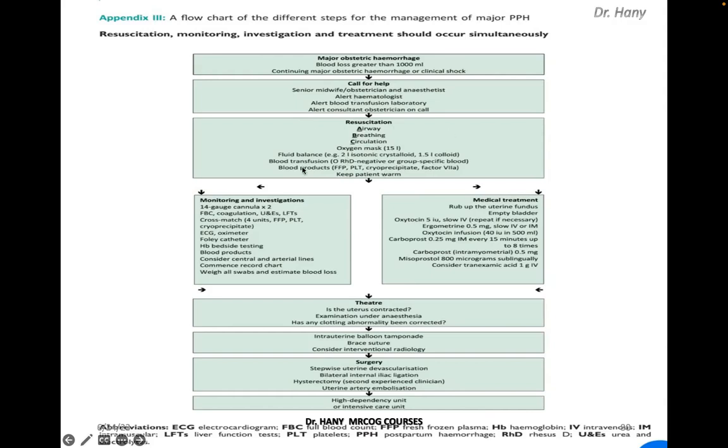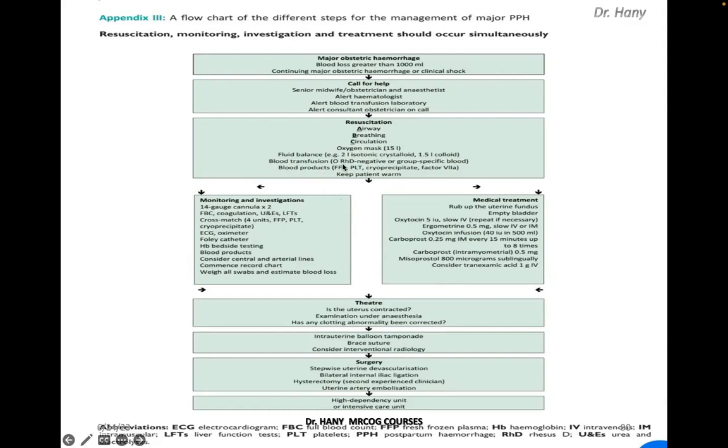And I will speak about the fluid again. 2 liters crystalloids, then 1.5 liters colloid, then O negative, K negative blood until the blood products or the fresh frozen plasma are coming. 4 to 4, or 4 to 10 to 15 according to the coagulopathy, if I have a PT ratio, or no, the blood products.